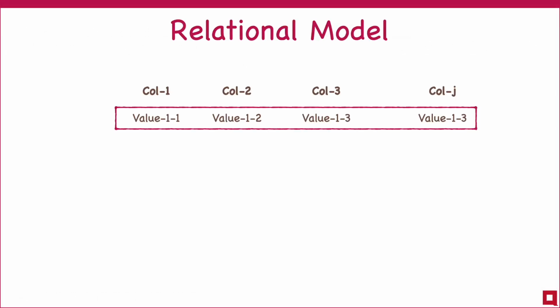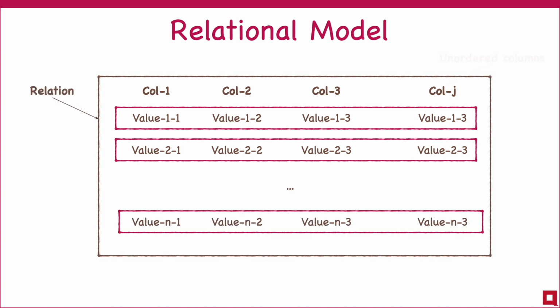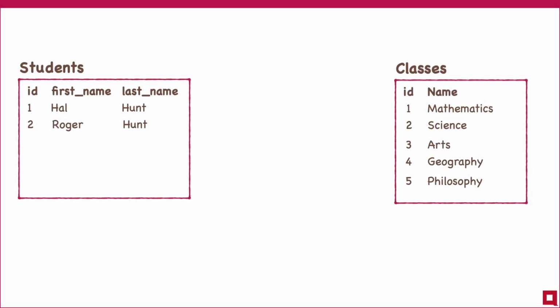The original relational model defines a relation as a set of n tuples, where each tuple is an array of ordered columns. Most relational databases implement this model with some deviations. As an example, a table in a relational database corresponds to a relation with unordered columns. Let's see how we can model a student dataset consisting of students and their classes according to the relational model.